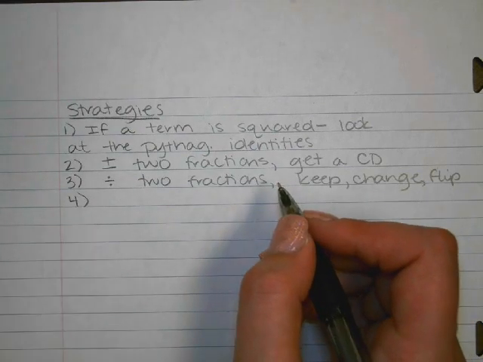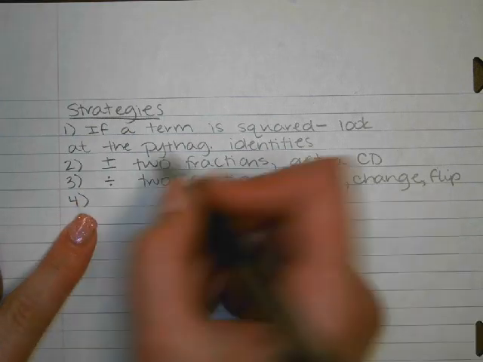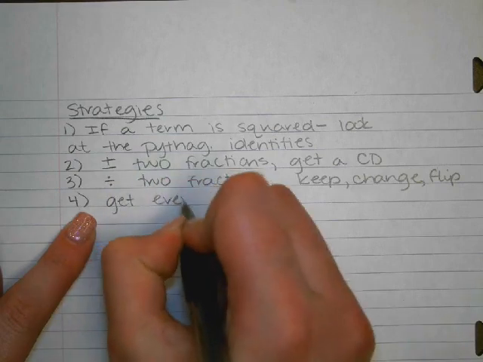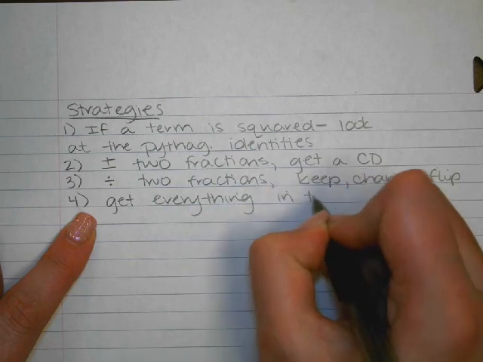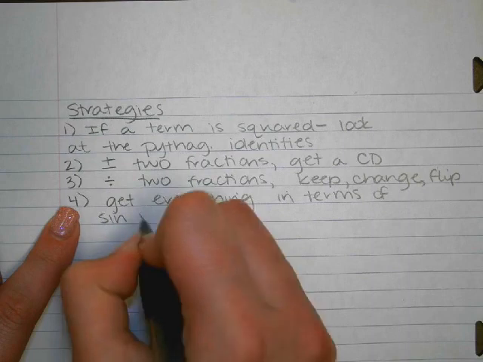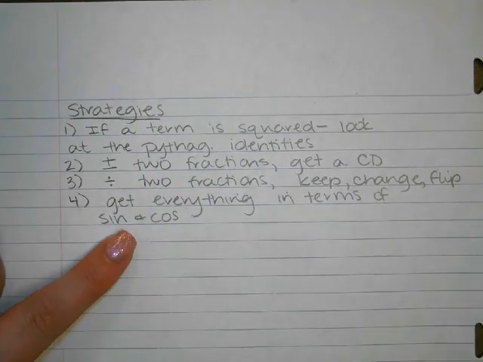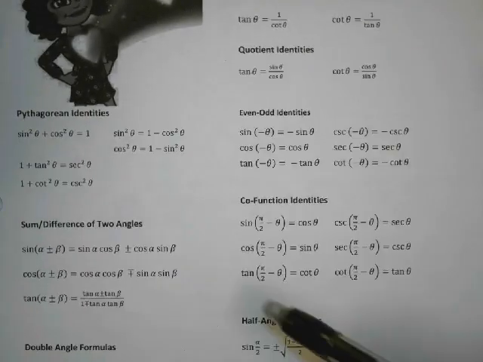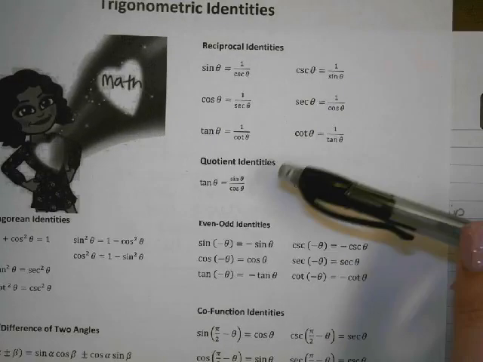One strategy that works, I would say probably 70% of the time, is to get everything in terms of sine and cos. The reason that that's a good strategy is because if you look on this sheet, sine and cos are used over and over and over again.